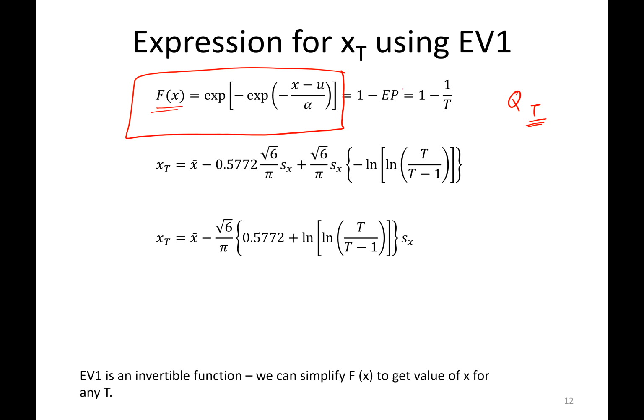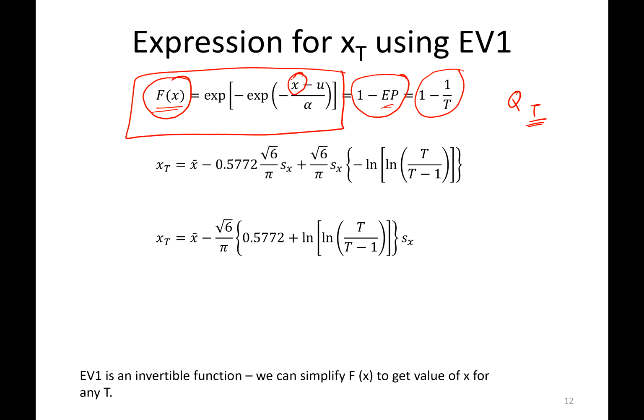For exceedance probability, we will use 1 minus F(x), and EP is exceedance probability. So instead of exceedance probability, I'm using 1 over T. What I have done here is I have replaced this part with 1 minus 1 over T, and then I solve for x.